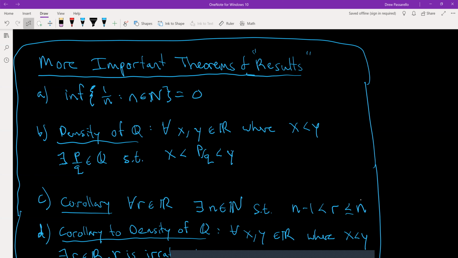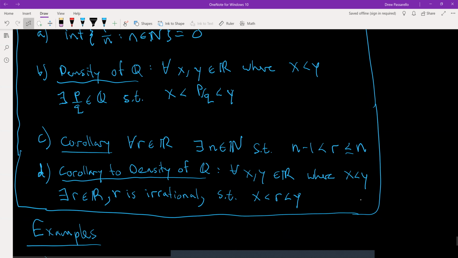Then the corollary, so I'll skip from B to D. The corollary to the density of the rationals is a similar thought: for any two real numbers where x is less than y, there exists an irrational number in between. So the irrational numbers are dense and the rational numbers are dense.